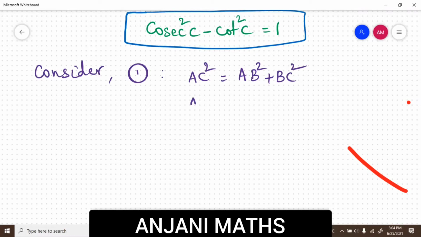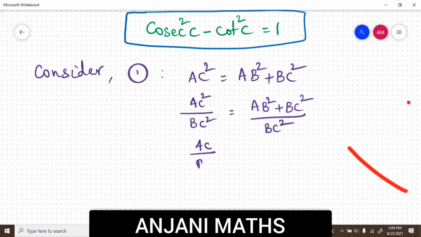So we get AC square by BC square is equal to AB square plus BC square by BC square. So this will be AC by BC whole square is equal to AB square by BC square plus BC square by BC square.